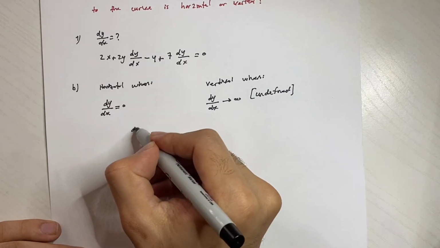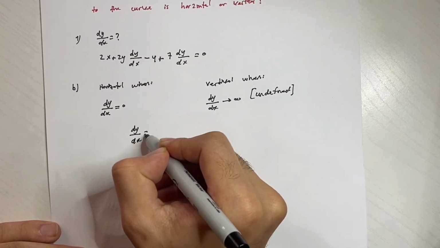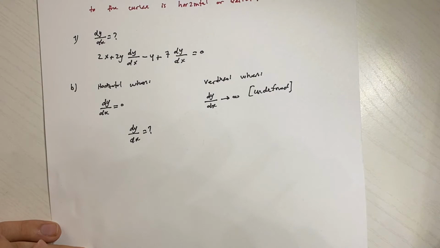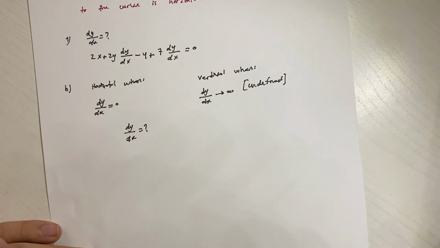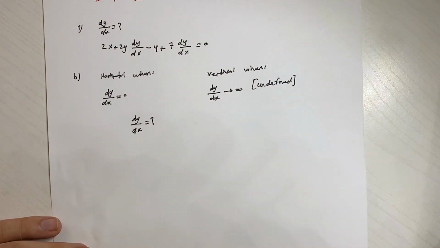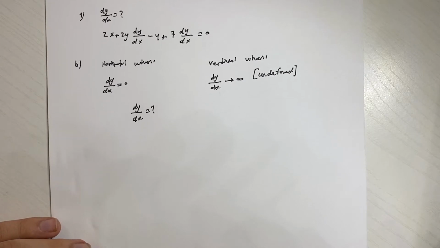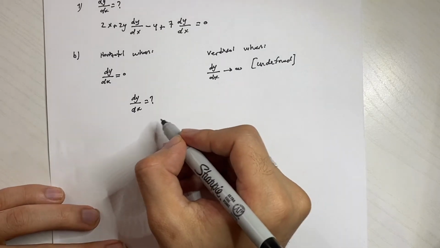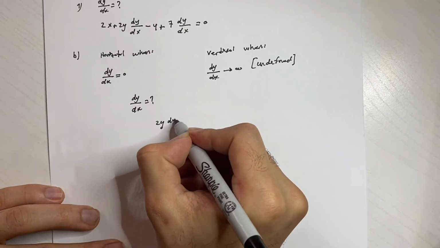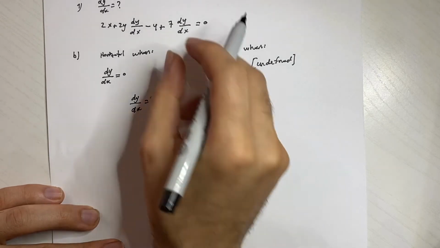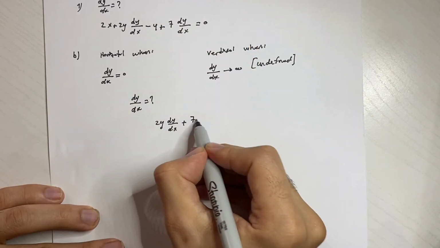So what we want to do now is take the equation above and solve for dy/dx. I'm going to take the terms that have dy/dx on the left side, and move the other terms to the right side.